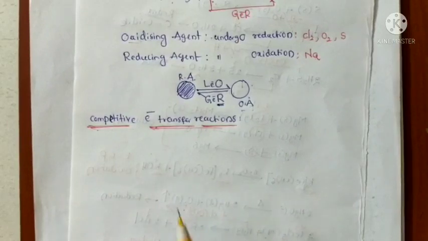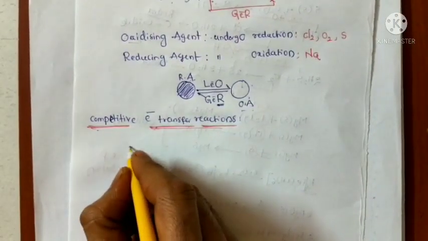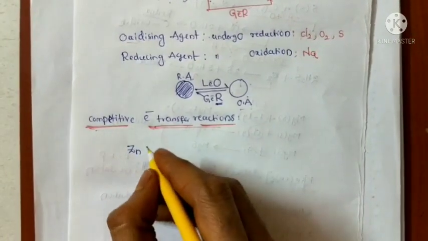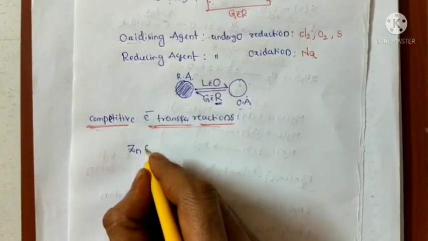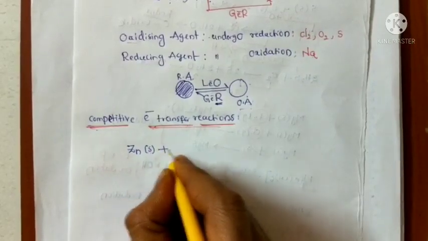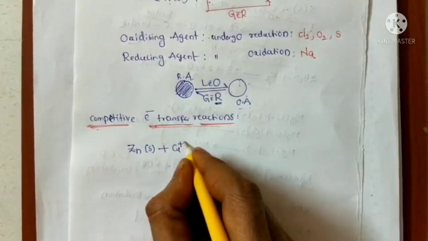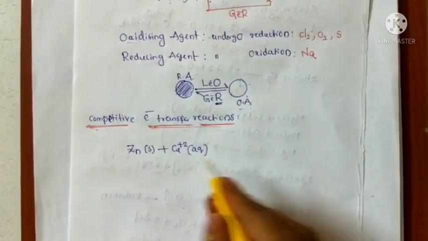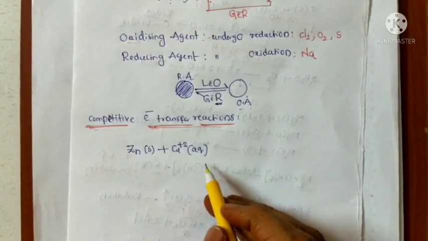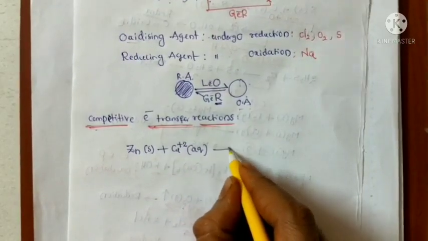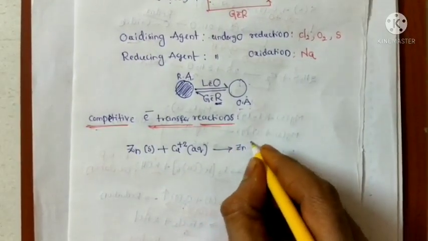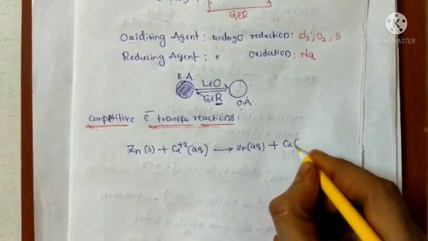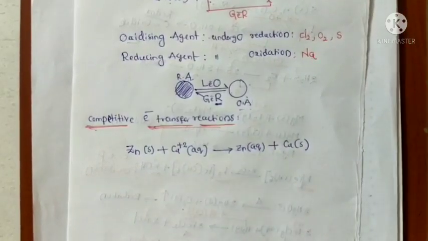The best example for a redox reaction is zinc metal reacting with copper nitrate solution. Zinc metal reacts with the copper nitrate solution containing copper ions to form aqueous zinc ions and solid copper.